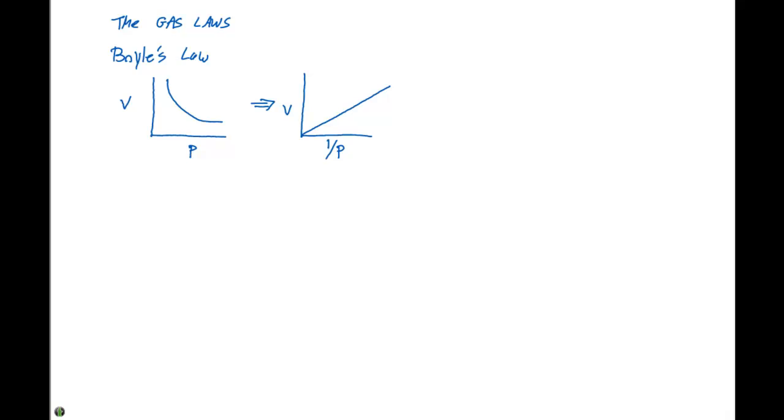Linear relationships are great for chemists because we can use a simple formula like y equals mx plus b to determine the relationships here. So our volume is going to equal the slope times 1 over the pressure plus our intercept.